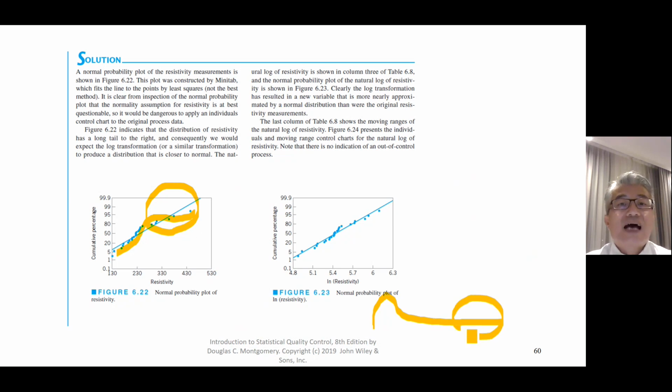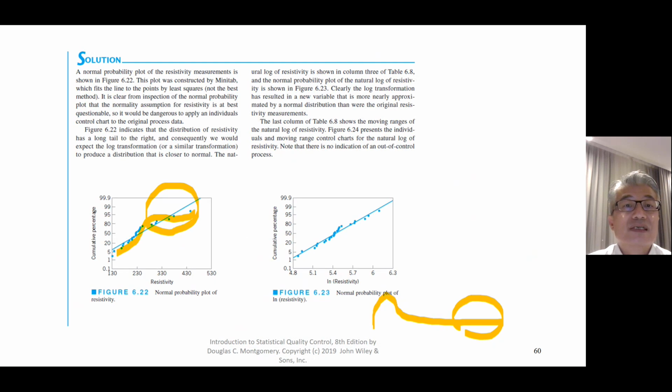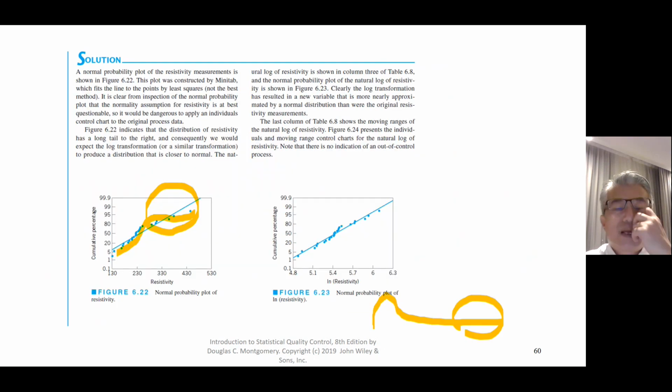The natural log of resistivity is shown in column 3 of table 6.8. So take the natural log here. The normal probability plot of the natural log of resistivity is shown in figure 6.23.